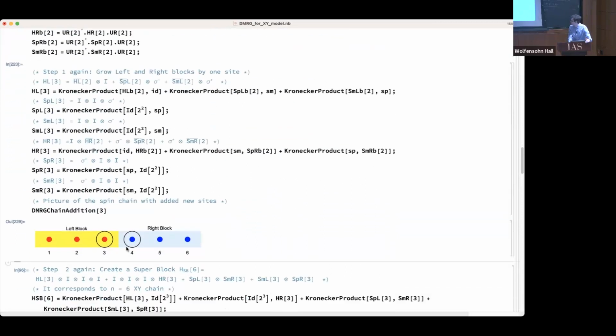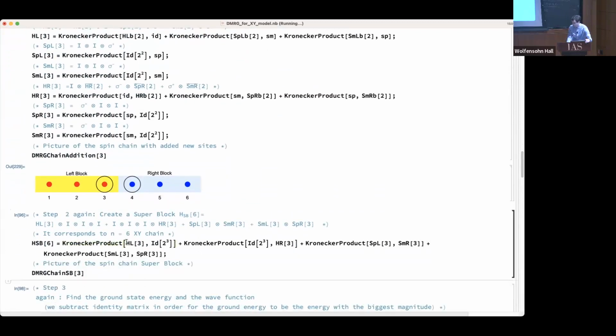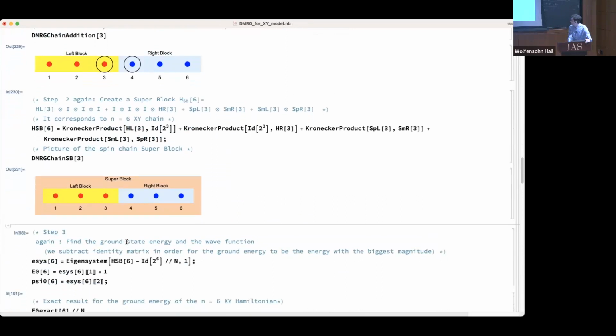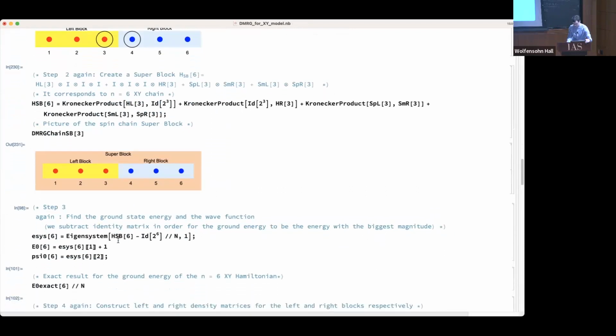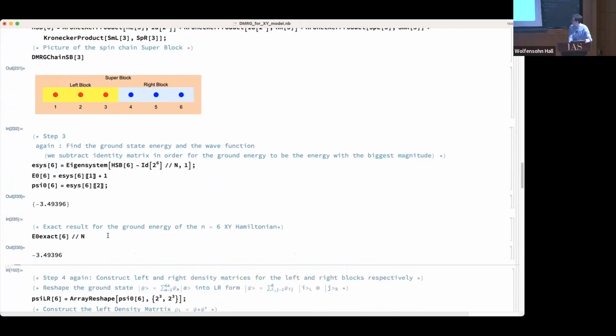So we can add one site from the left and one site from the right, build the superblock like this, diagonalize it, find the energy and state, and compare it to the exact solution. So far everything is exact, so they agree.